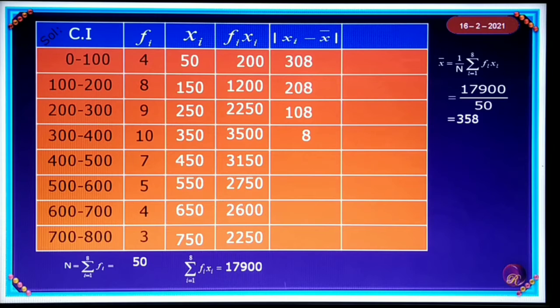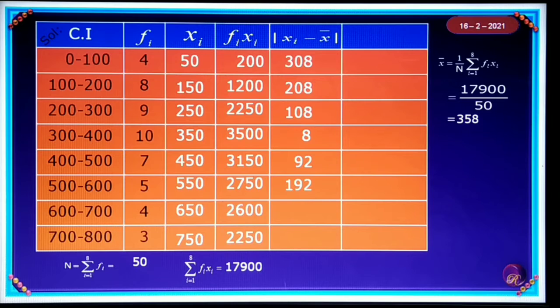Absolute value of 450 minus 358 is 92. Absolute value of 550 minus 358 is 192.